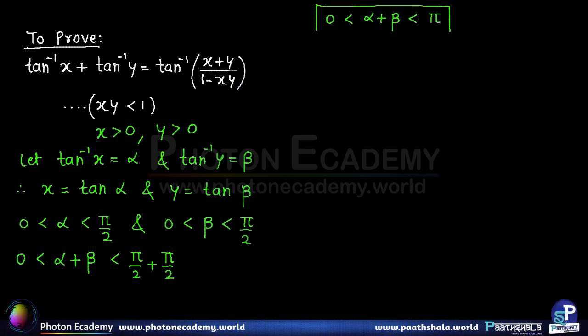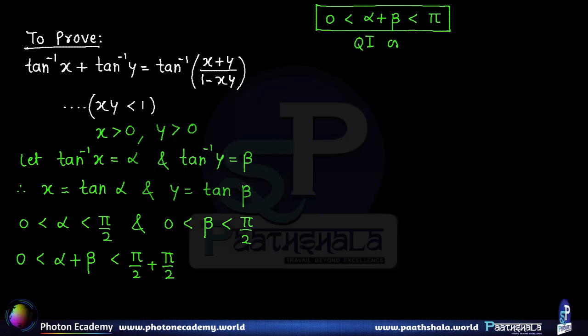This is a very important finding. That means the sum of alpha and beta lies between 0 and pi, so the angle alpha plus beta lies either in the first quadrant or in the second quadrant. We have to keep this in mind. Let's call this fact 1.